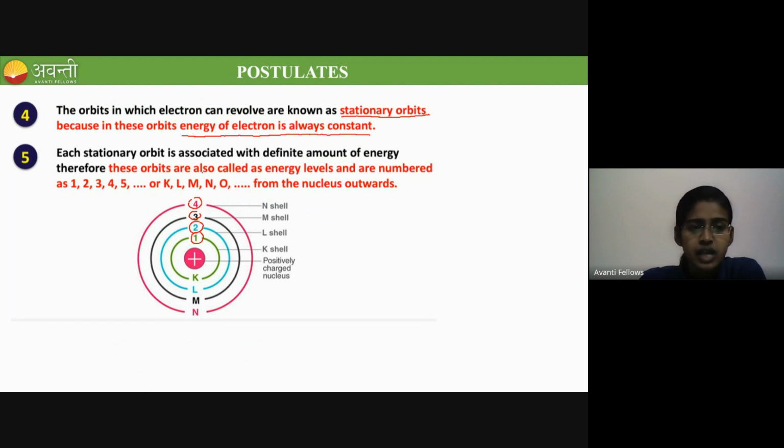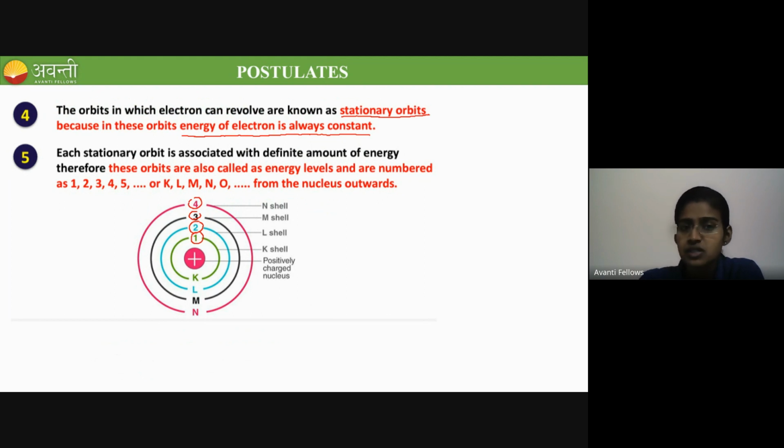Okay, and likewise it follows for the second orbit, third orbit, fourth orbit. So all these orbits are stationary, they will not move, and that's why the energy of the electron is constant there. Okay, and each stationary orbit is associated with definite amount of energy, and that's what we have discussed.